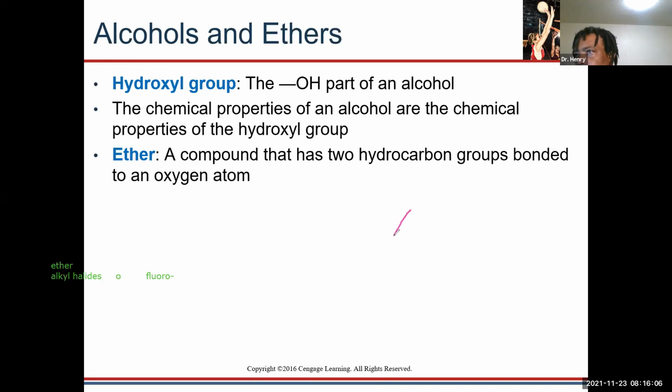Basically, you have oxygen between two hydrocarbons.